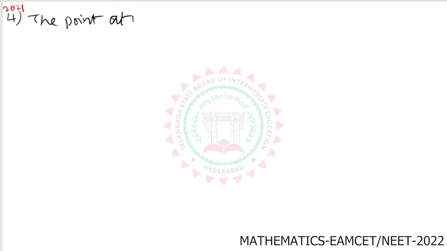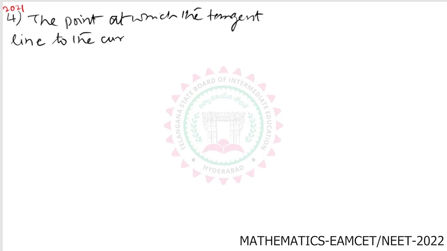The point at which the tangent line to the curve y = 16/x − x² is horizontal.